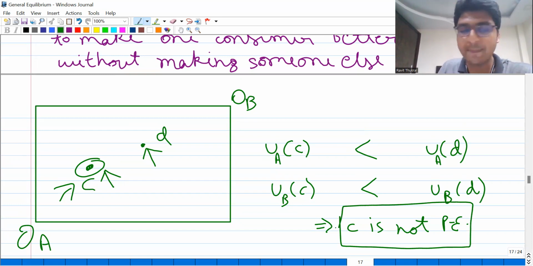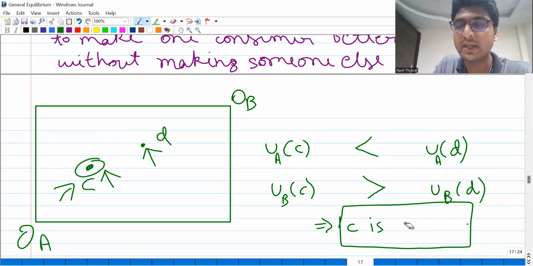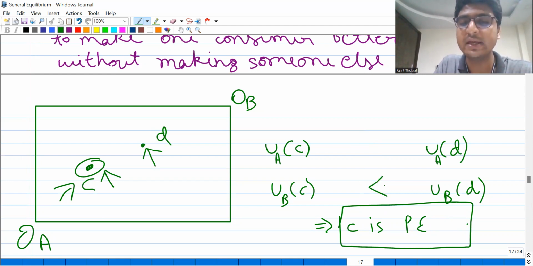So we will call a particular allocation Pareto efficient only when, if you are able to increase the utility of one individual, the utility of the other individual must decrease. Only then we will call such a bundle Pareto efficient. Or the reverse case, you are able to increase the utility for individual B, but the utility of individual A is decreasing.